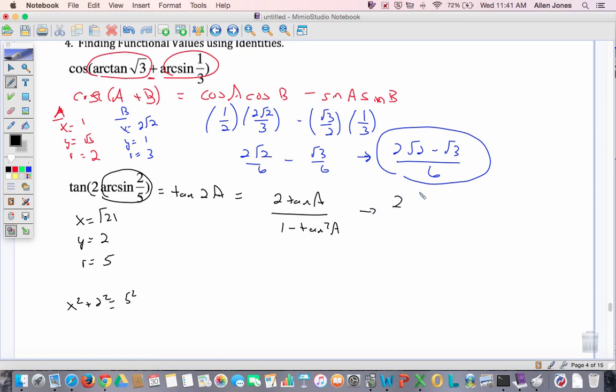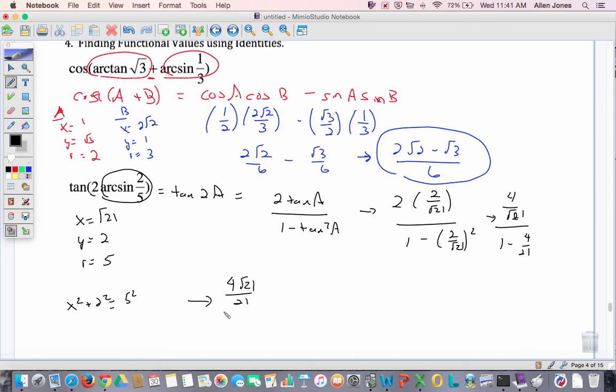If I do x squared plus 2 squared equals 5 squared, I'm going to have the square root of 21 for my x value. So let's make our substitutions over here. 2 times 2 over the square root of 21 over 1 minus 2 over the square root of 21 squared. So this gives me 4 over the square root of 21 and 1 minus 4/21.